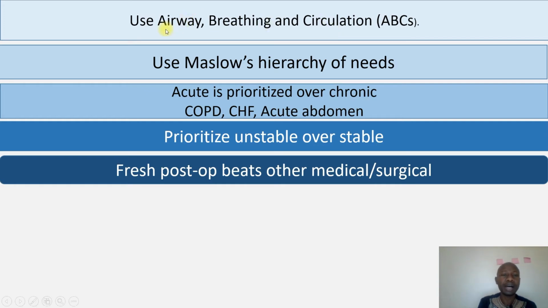For example, in the emergency room, if you palpate the patient's pulse and it's absent, you want to begin CPR immediately. So circulation is prioritized before airway.